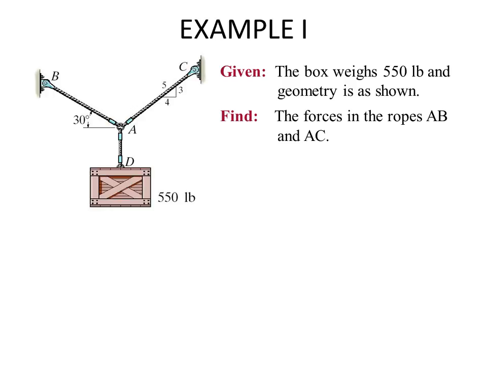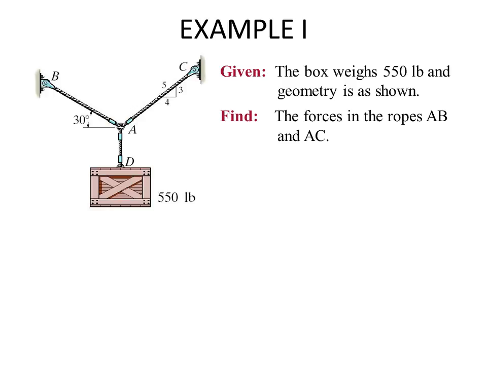In this example, we're going to have a 550-pound box suspended on a system of cables. The two cables are not oriented with exactly the same geometry. What we're asked to find is the forces in the ropes AB and AC that are needed in order to keep this box suspended and still in this geometry.